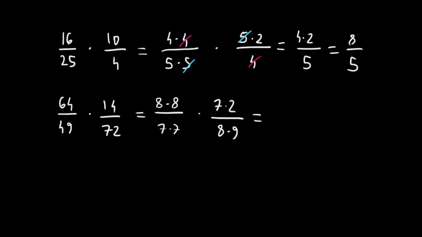So here we can simplify 8 with 8 and 7 with 7. So we are left with 8 times 2 over 7 times 9. Now 8 times 2 is 16 and 7 times 9 is 63. So 16 over 63 is the answer.